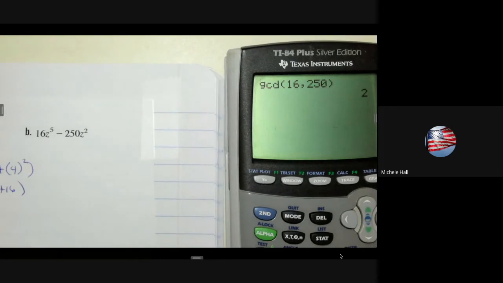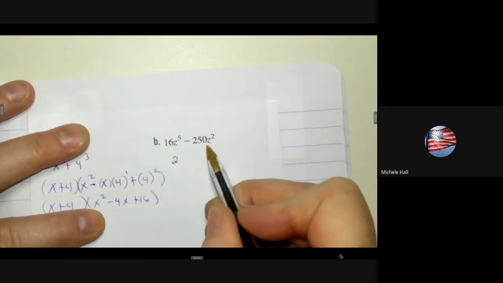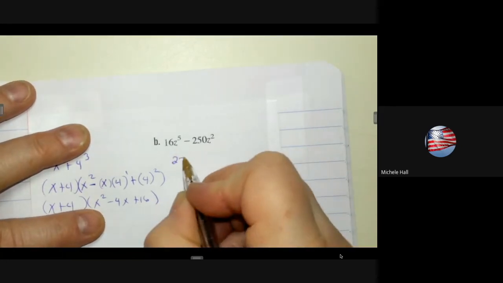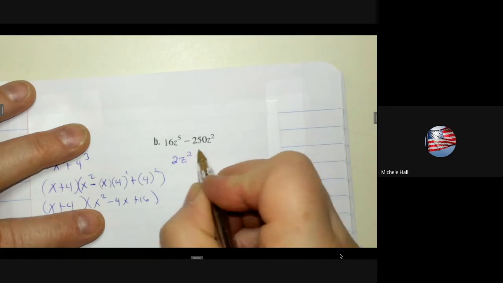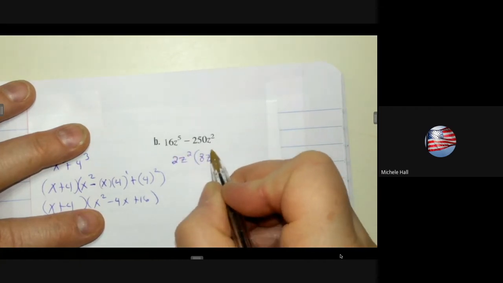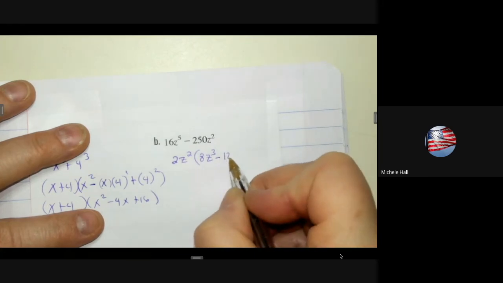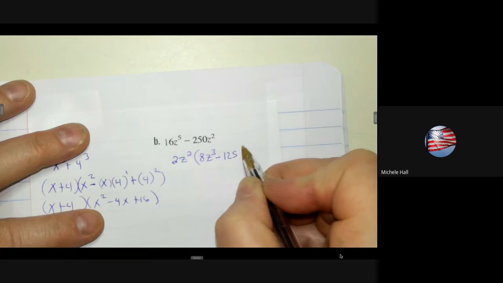So I am dividing 2 from both 16 and 250, so that's 2. And I see that I have z squared that I can also factor out. So that leaves 8z cubed minus 125, and that's it.